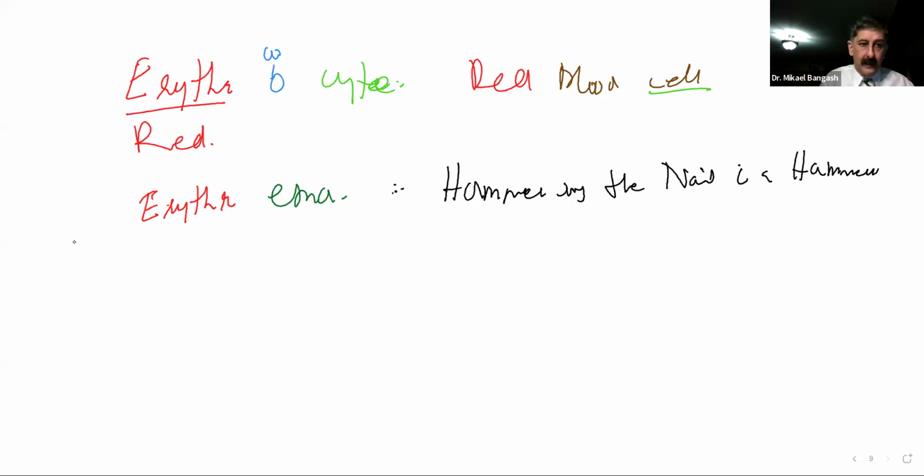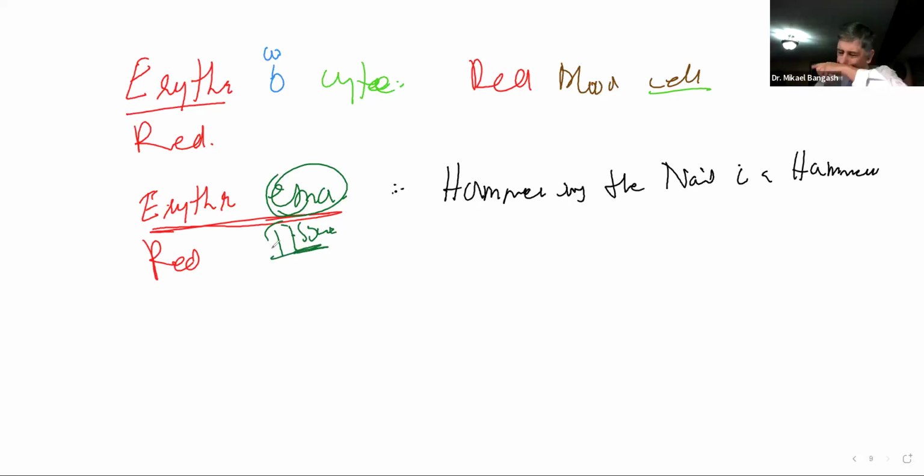But when you get hurt, that area appears red. It means reddening of the tissues. So we can use the word ema as referring to tissue. So reddening of the tissue.